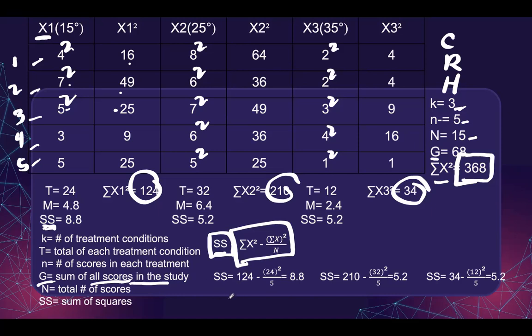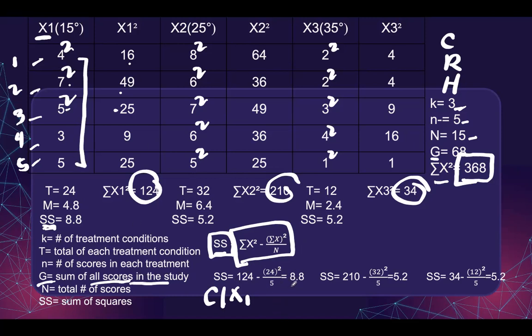So on the first condition, or the first temperature, the cold temperature, or our x1, or the 15. So 124 minus our sum of the scores there, which is 24. The total of this, 24 squared and then divided by 5. 5 because that is the number of scores.